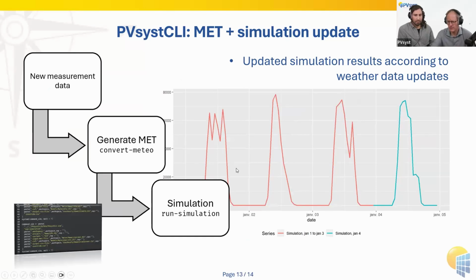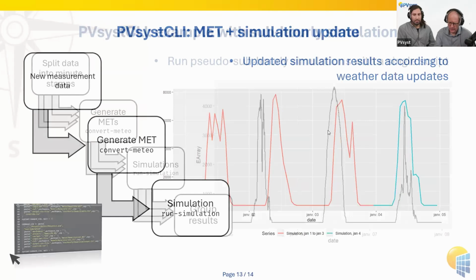So what we did was basically we had 3 days of simulation, and we added a 4th day with the incoming data and generated the simulation results for the complete weather data set. So this is one use case that could be interesting for using the command line interface. Another one is slightly more complex. I will show it to you on the next slide.